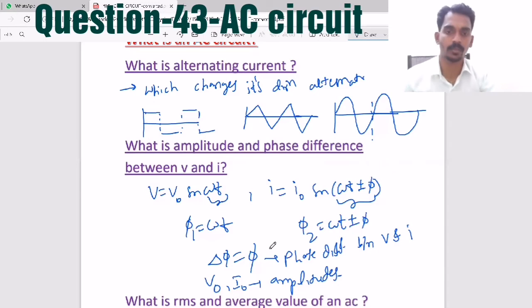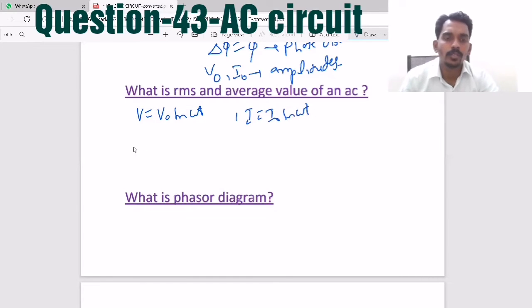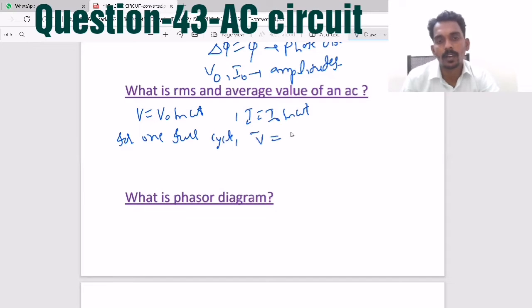Those are called amplitudes. Now the next thing is, what is the RMS and average value of an AC? When you consider V equal to V0 sin omega t, I equal to I0 sin omega t, the average value over one full cycle, of current or voltage, is 0.